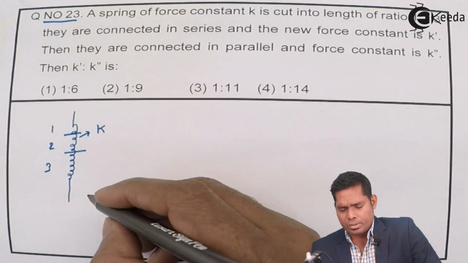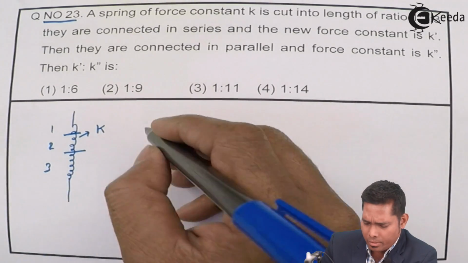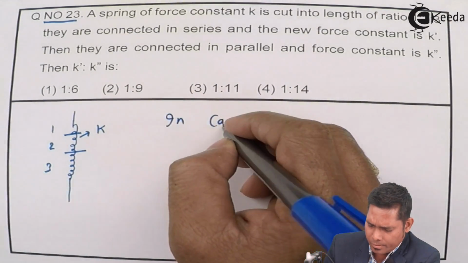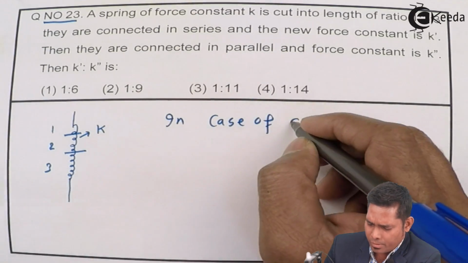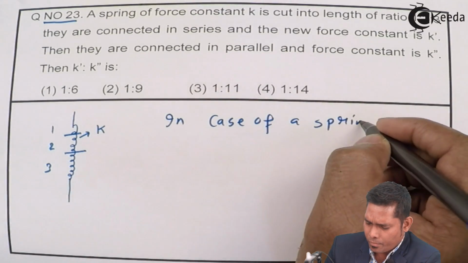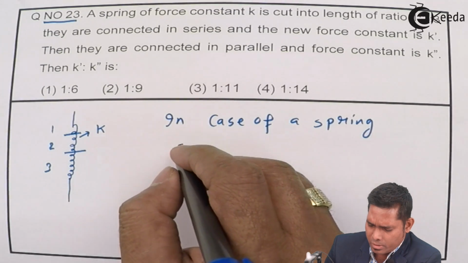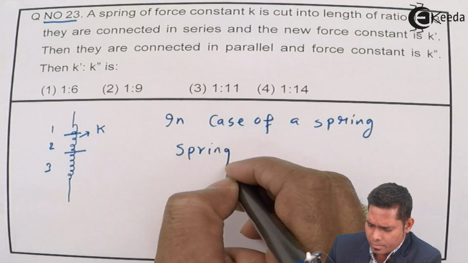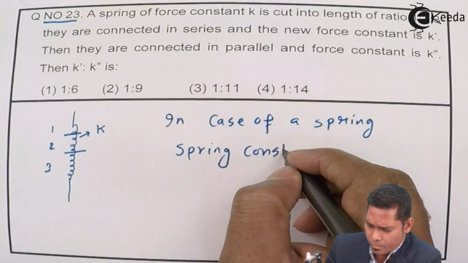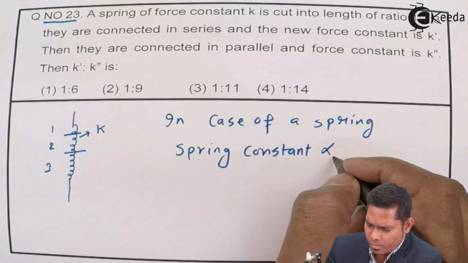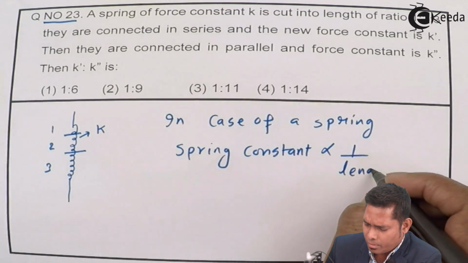We know that in case of a spring, the spring constant is inversely proportional to the length of the spring.